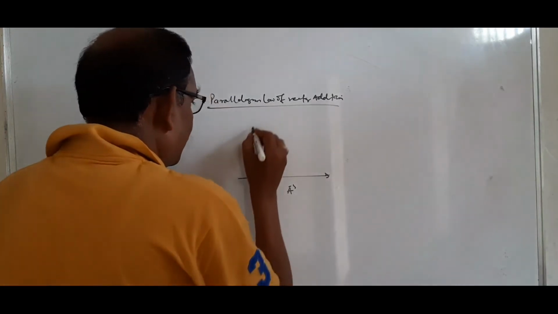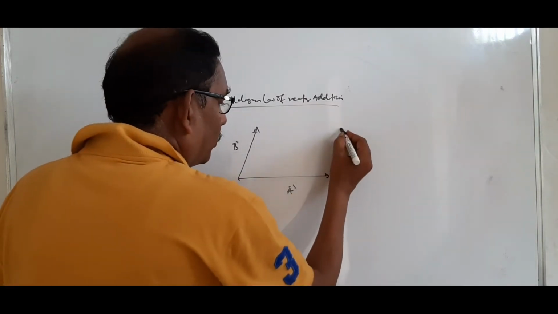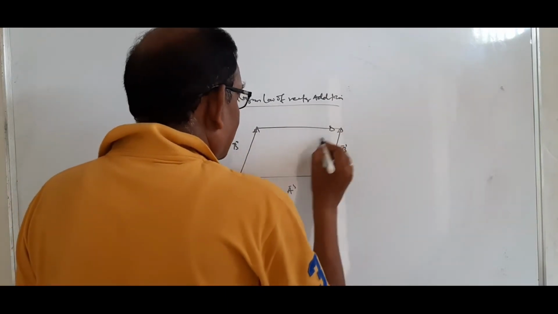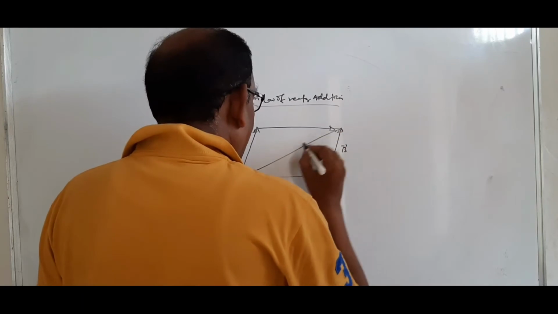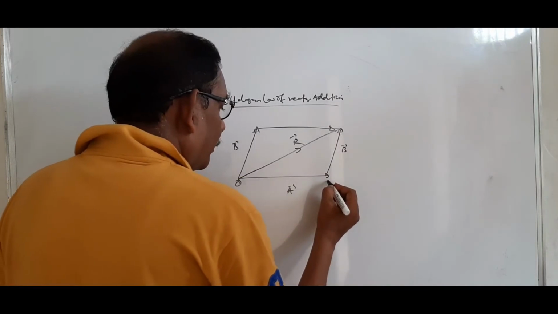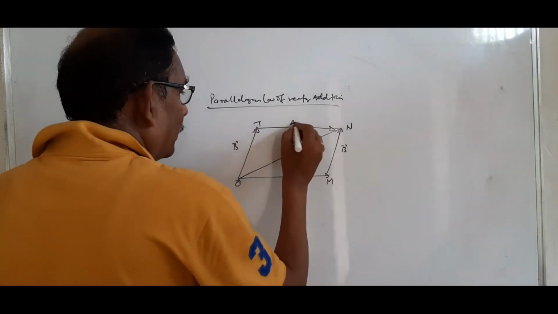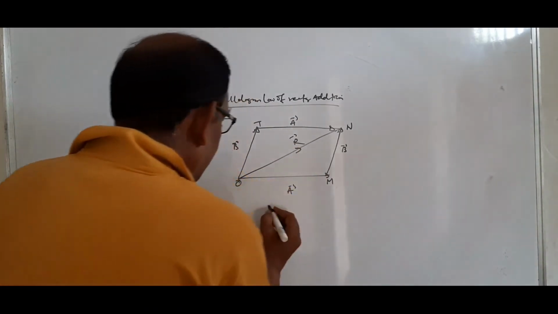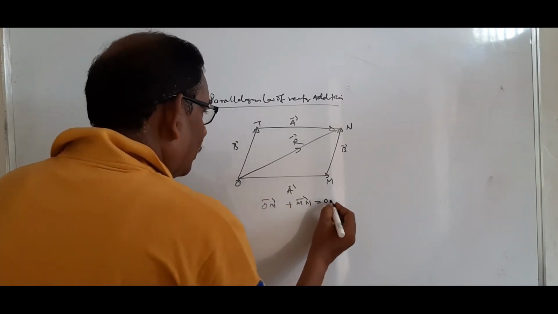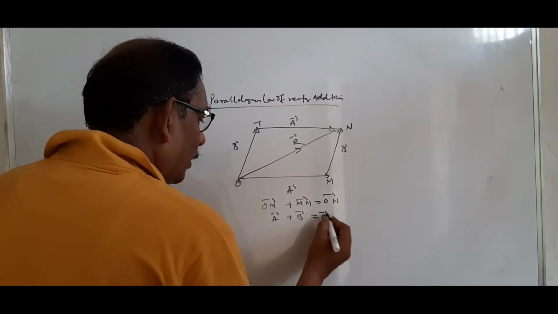Vector A, vector B. You complete this one by joining like this, and the resultant is given by the diagonal of the parallelogram, O, M, N and T. This is also A. Here OM plus MN is equal to ON. So A plus B equal to R.